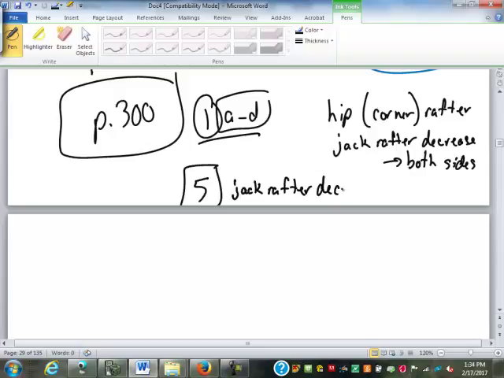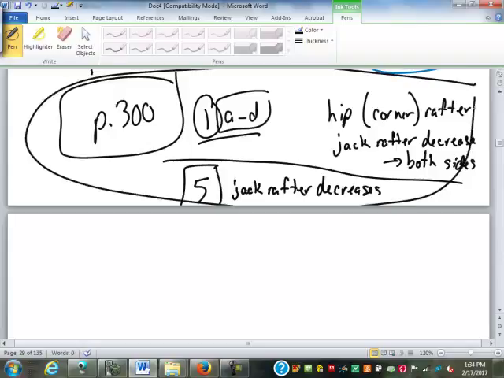So let's find all of the jack rafter decreases. So only 2 problems to do. Only 2. So I'll let you guys have our last 15 minutes here to get started on those. We'll see how you do.